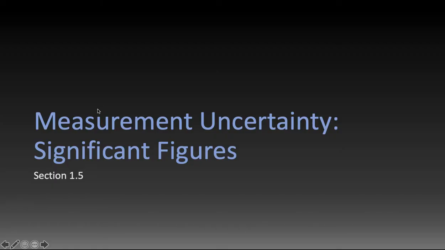Now, when we take a measurement, we hardly ever take exact measurements of exact divisions, and therefore there's a little bit of uncertainty that comes from doing any measurement. Anytime you take a measurement, you have a degree of uncertainty, and those are signified by using significant figures.